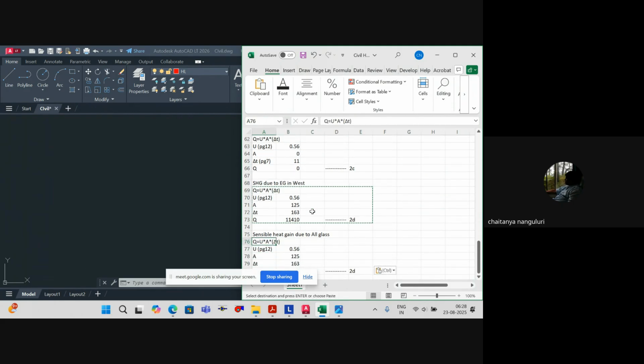Q is equal to UA delta T, but here I'll use capital T, your indoor minus outdoor condition. You agree? So this is 1.13, which is the physical property of glass, or constant that we use in most of the cases. And then the area of the glass is the summation of all the areas, total areas.